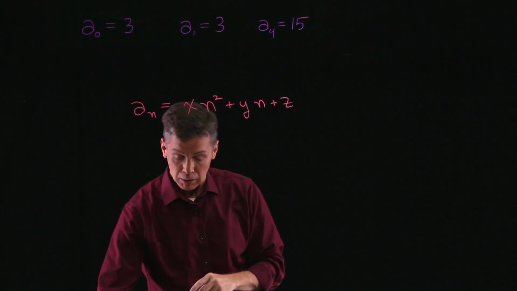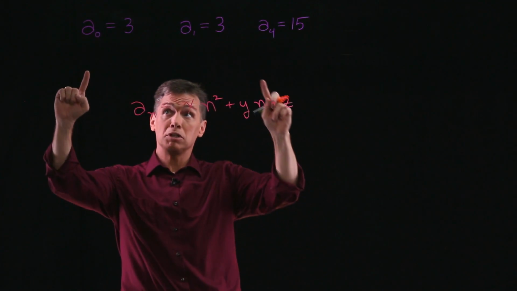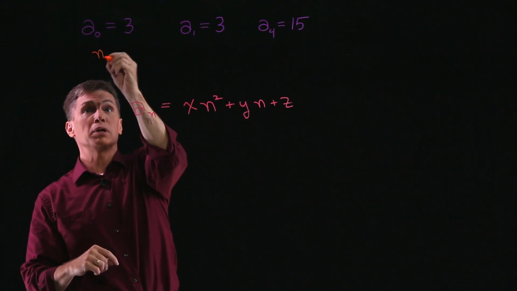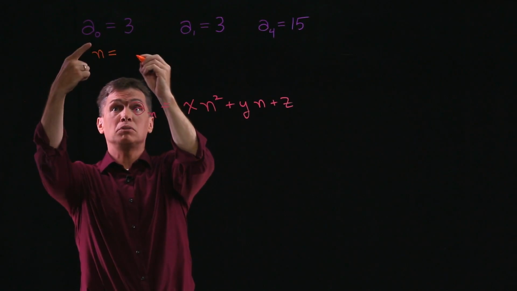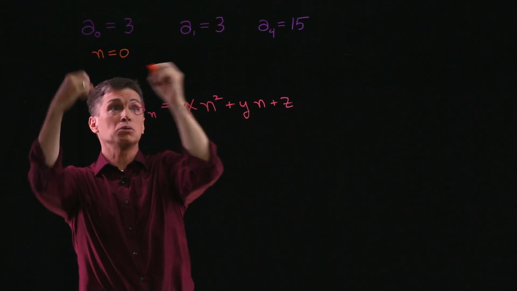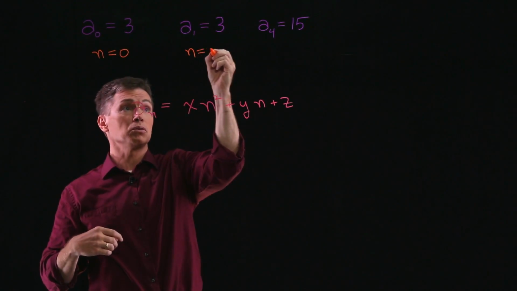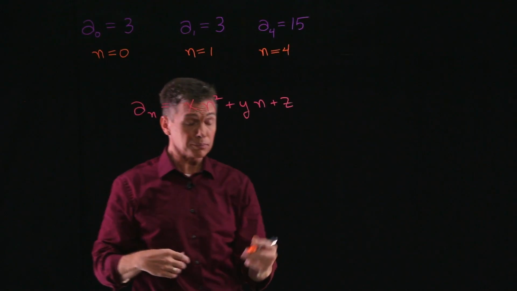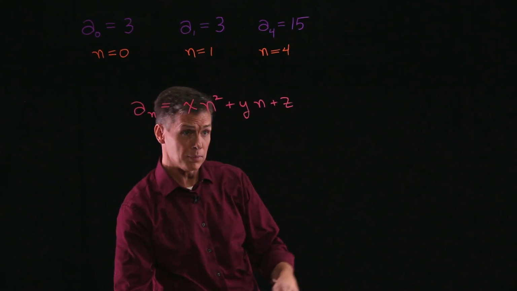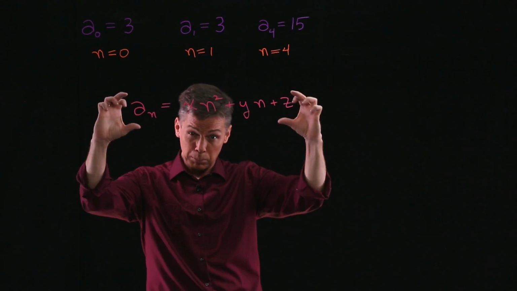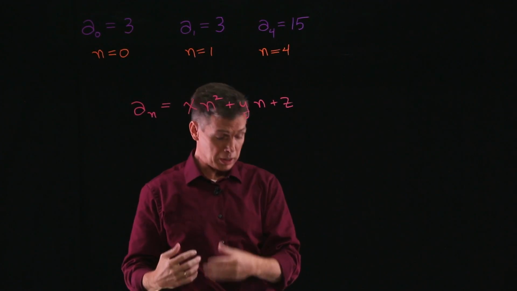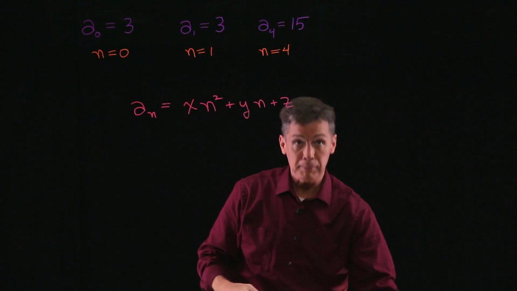Next thing I'll do is recognize the three terms that they gave me. Those each have a specific value for n, and that's just the subscript for each. So n equals 0, n equals 1, and n equals 4. The way that I use those then is with this template, we'll take each of the terms and create an equation. Let me slide over here for that.